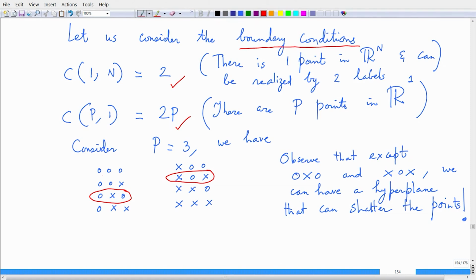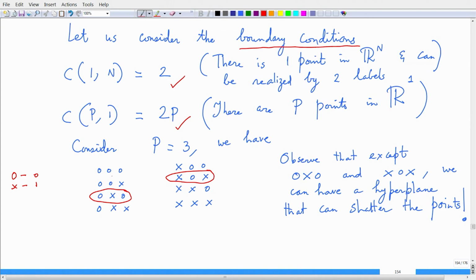So, we have these circles and we have these crosses. We observe that for all these patterns, let us say the circle is a 0 and the cross is a 1, we can enumerate through a Boolean mapping all the way from 0 0 0 to 1 1 1.